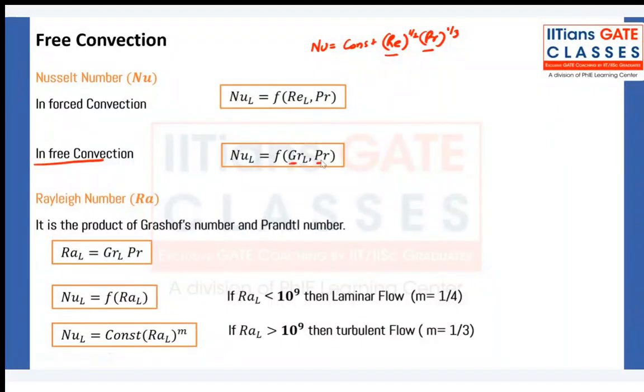Next is Rayleigh number, which is the product of Grashof's number and Prandtl number.